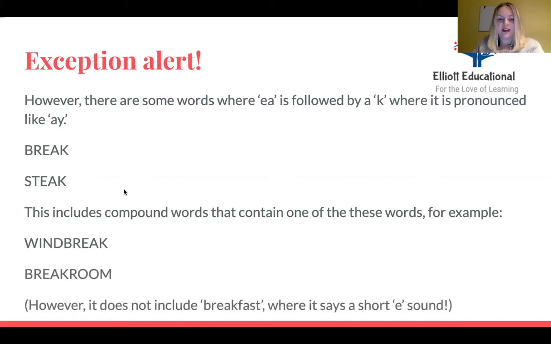However, confusingly, it does not include the word breakfast, where, as I've just demonstrated there, it is more of a short E sound. And that's one of the difficulties of English, that there are so many exceptions. But hopefully that has helped explain a little bit more about how to pronounce those two particular letters.